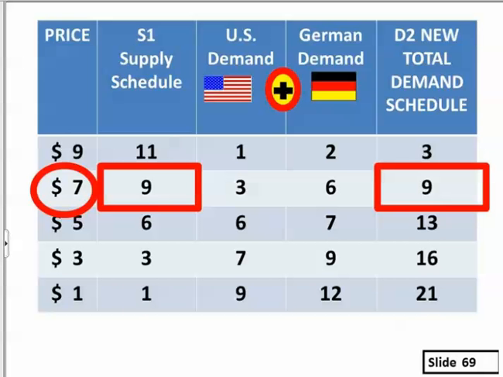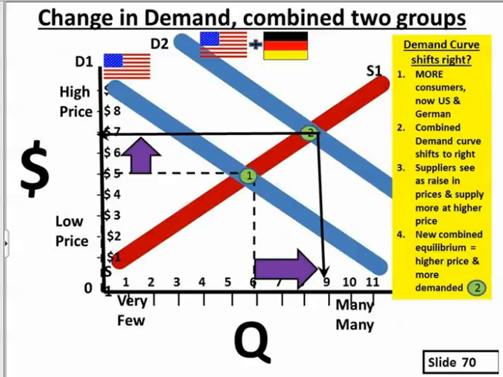We find that that new higher price ends up being $7 in this example, where the suppliers were willing to supply 9, and the new total demand was 9 at $7. So we end up with a brand new equilibrium position in the little green circle marked 2. That's our new equilibrium. We have more supplied and we have it at a higher price.